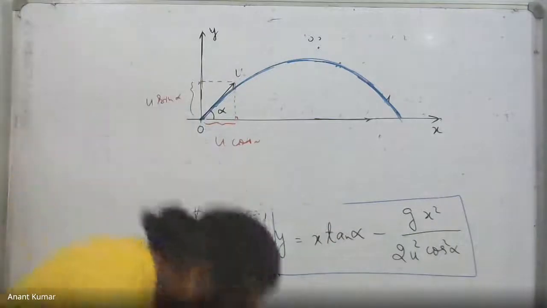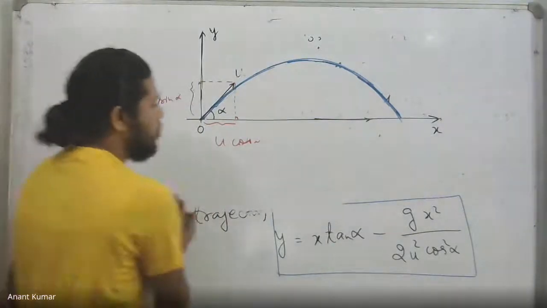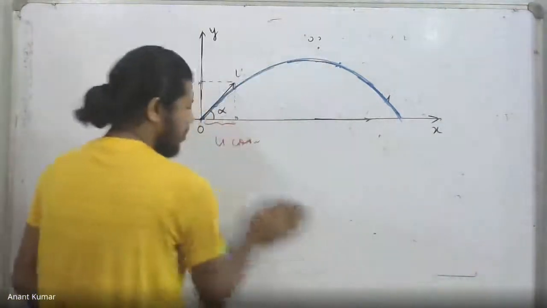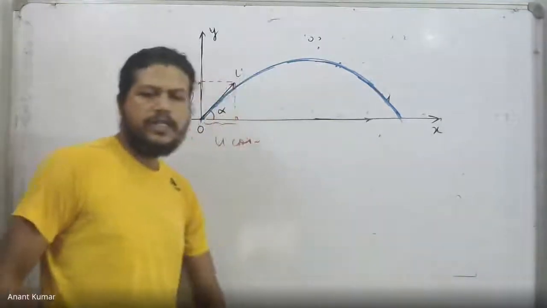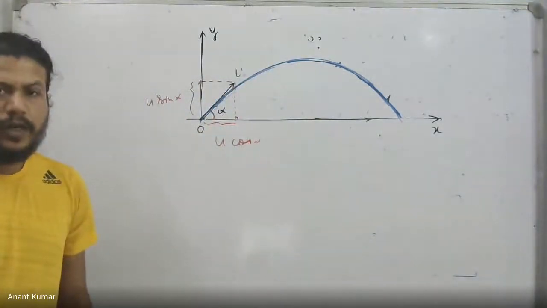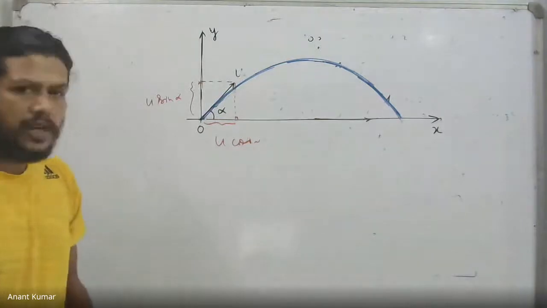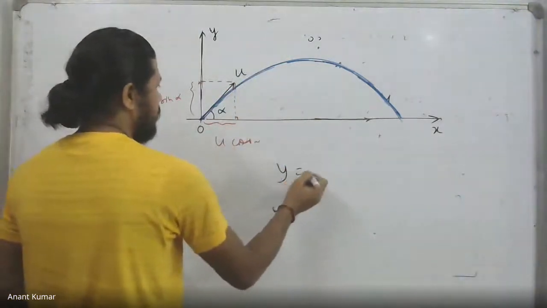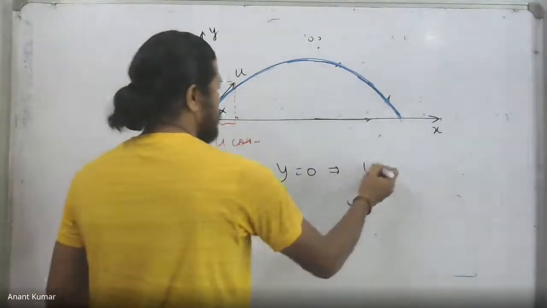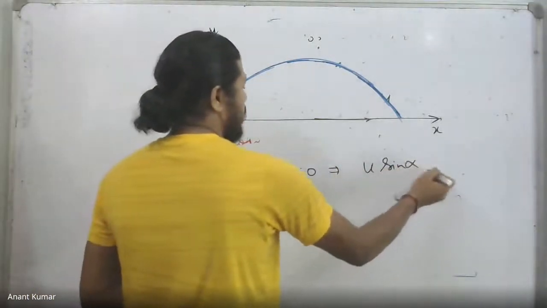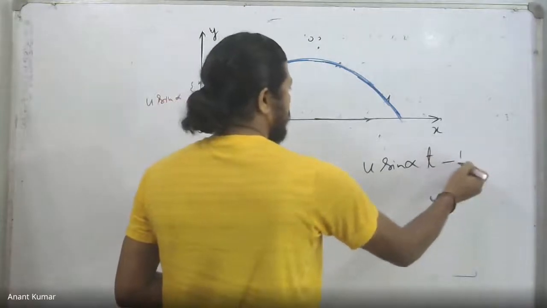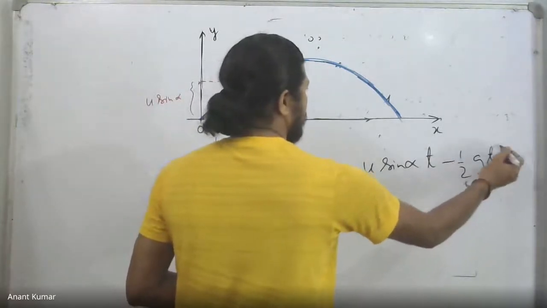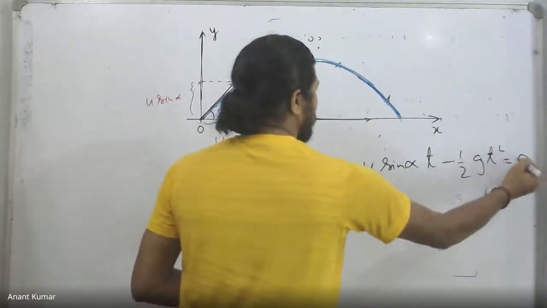Equating the y coordinate to 0 will give us those instants at which it is 0. That gives us u sine alpha t minus half g t square equal to 0.